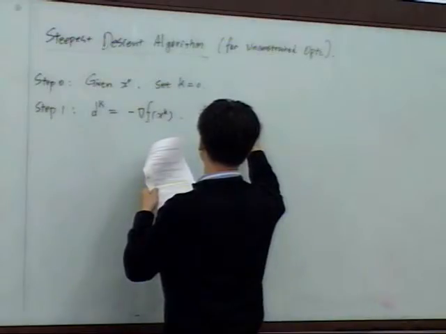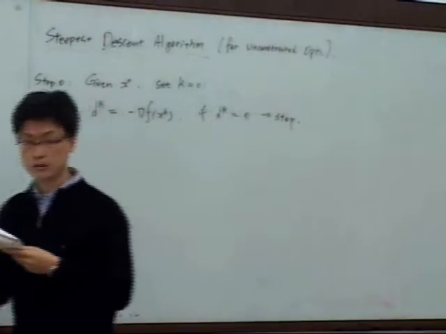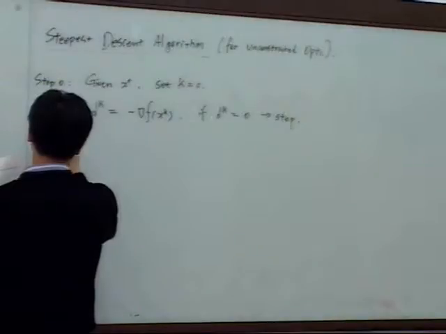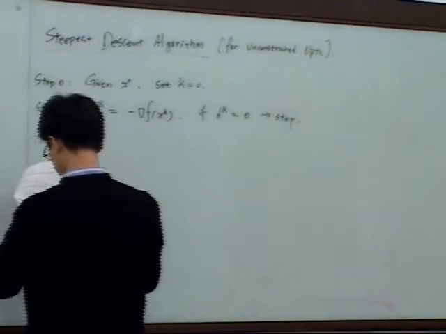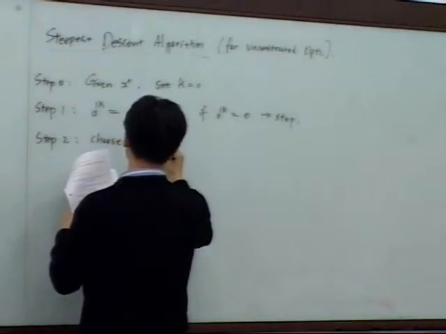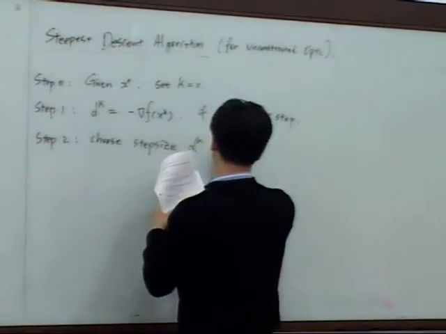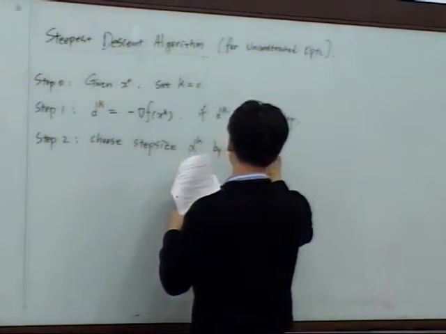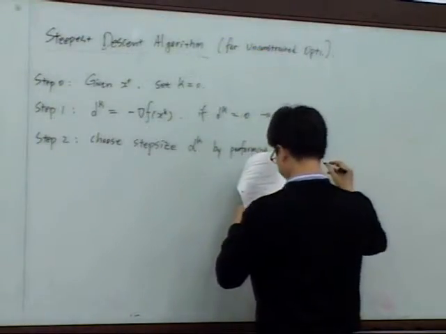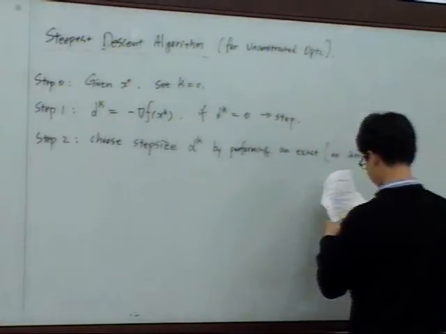If dk is 0, then stop, because you are already there. Step 2: choose step size alpha k by performing an exact or inexact line search.